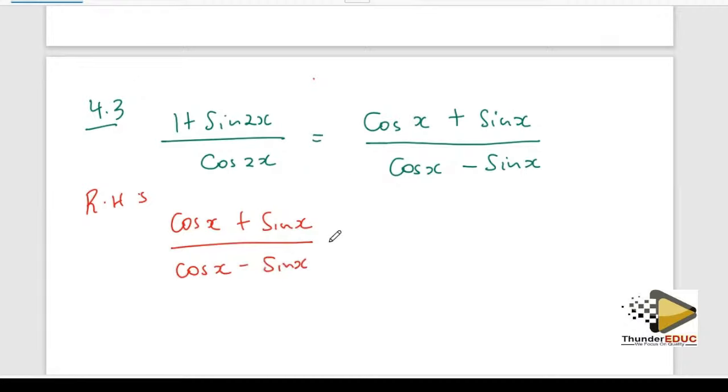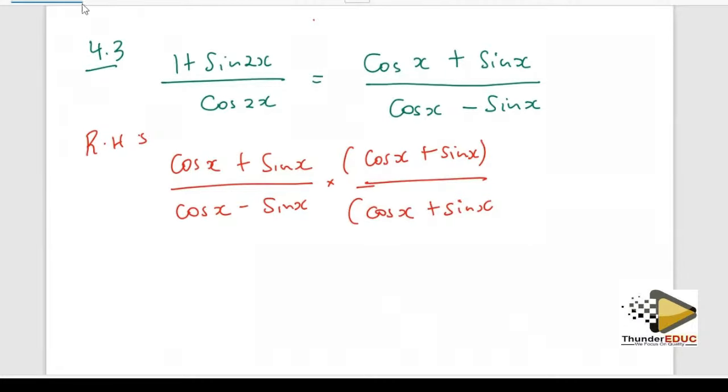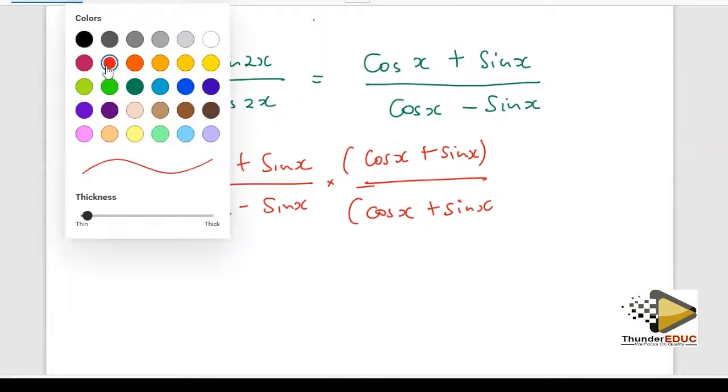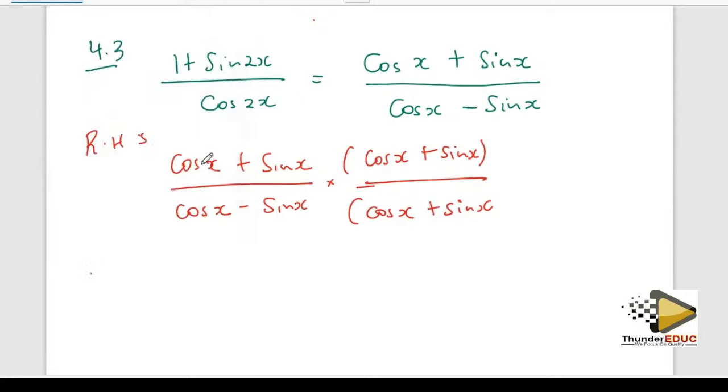I'm going to multiply by the opposite of this, so cos x plus sine x over cos x plus sine x. The reason I'm using the same bracket is that if I cancel it, I'm going back to the original thing. I'm introducing something just to help me simplify the question.